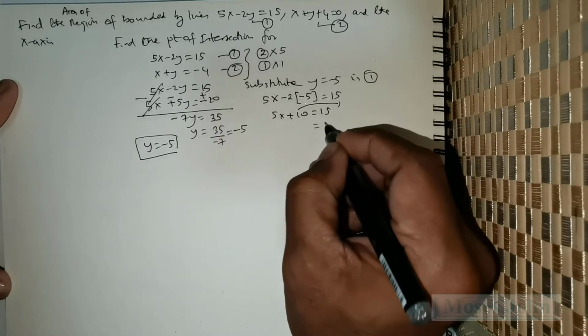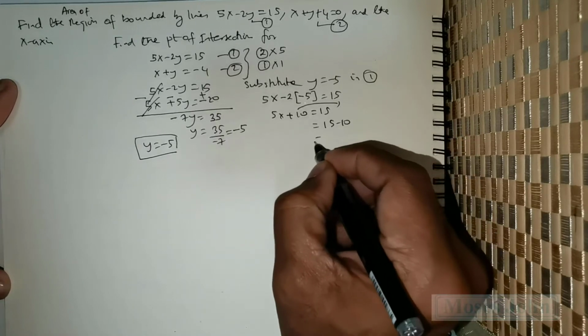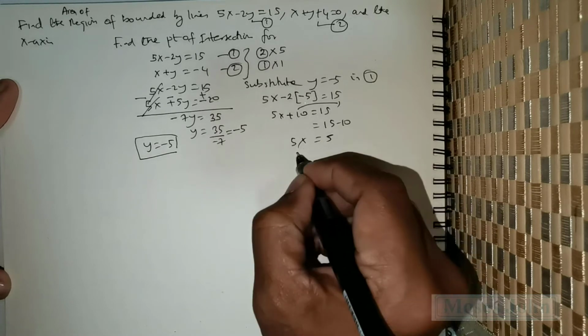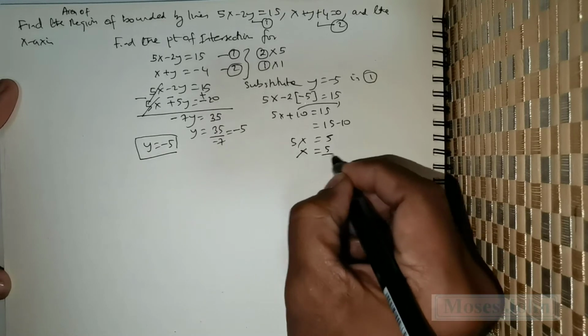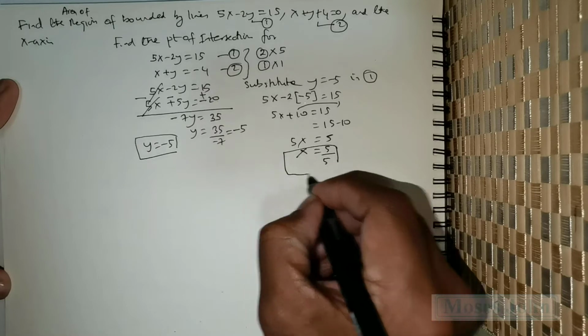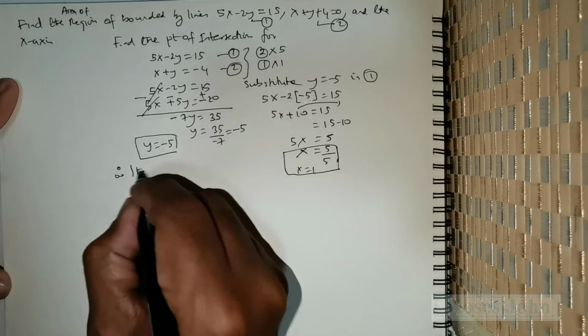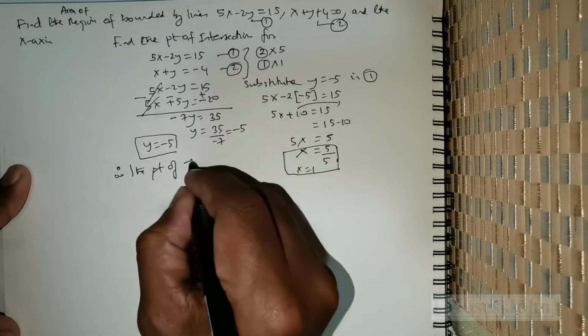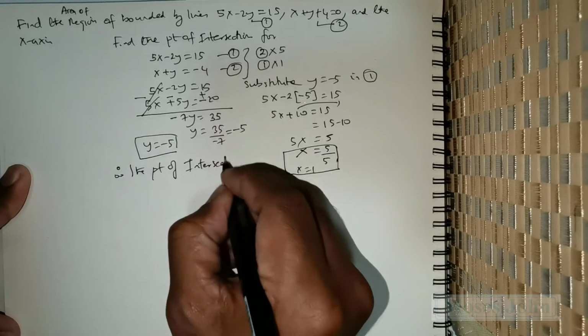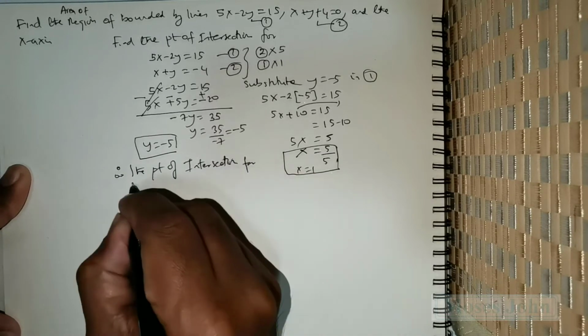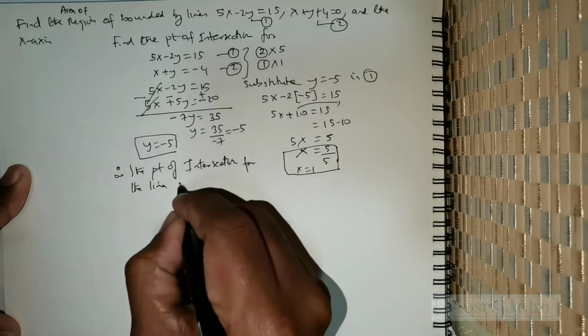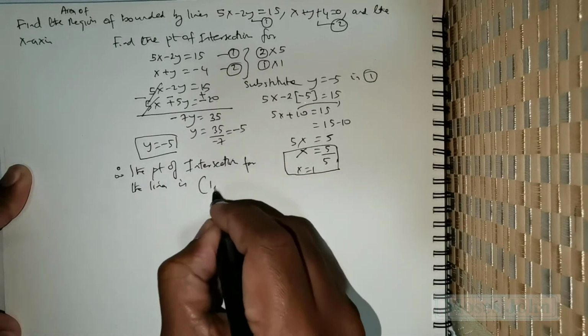Move this, you get 15 − 10, which is 5. 5x = 5, x = 5 over 5, which means the value of x is 1. So therefore the point of intersection for the lines is (1, −5).